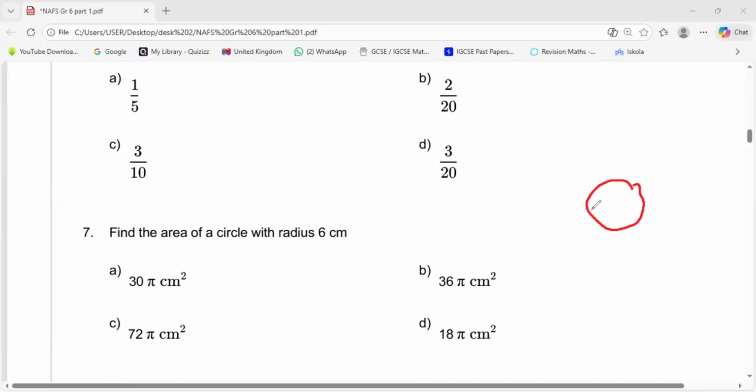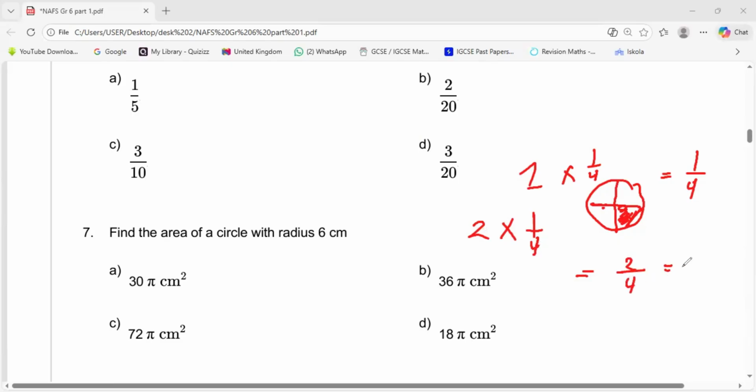If you have a pizza like this and you take 1 over 4, you multiply 1 by 1 over 4 and get 1 over 4. If you have 2 pizzas and you take 1 over 4, multiplying them we get 2 over 4, which is half.